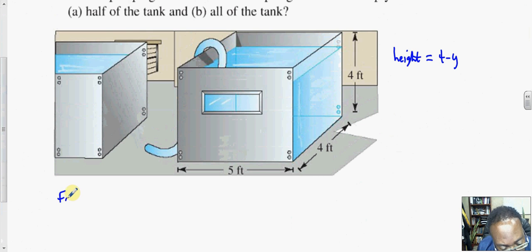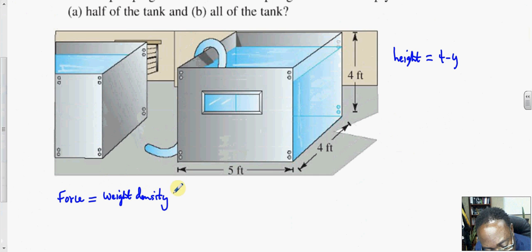So here, force would be equal to the weight density of the liquid times the volume.